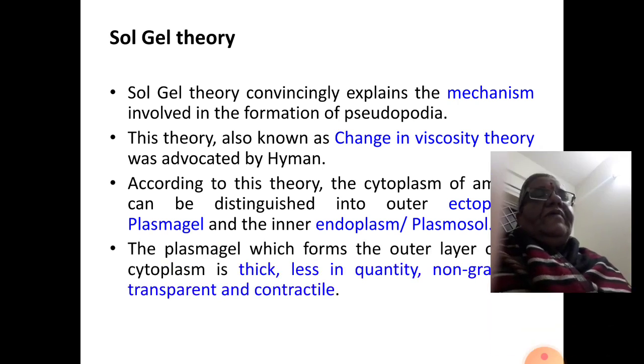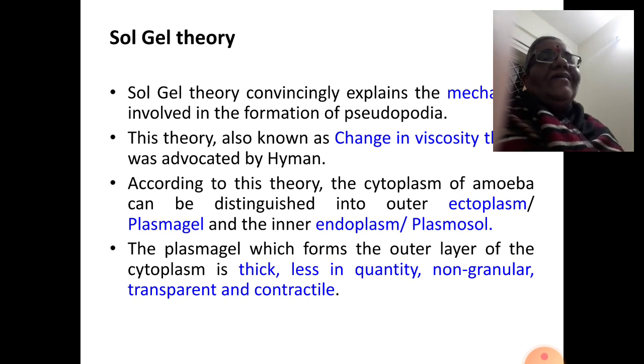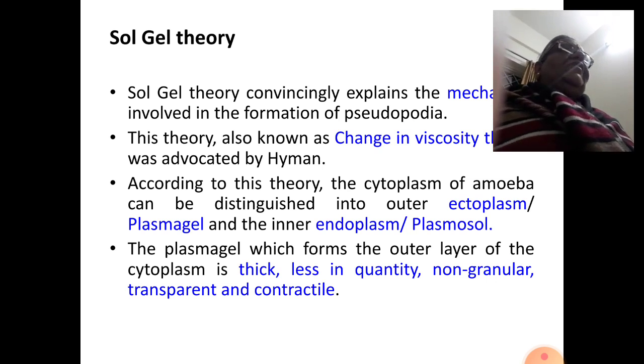Okay? Remember this. Now, the plasma gel forms the outer layer of the cytoplasm. It is thick, more viscous, less in quantity, non-granular, transparent and contractile. You have to remember all these terms. It is thick, that means viscosity is high, less in quantity, non-granular, transparent and contractile.